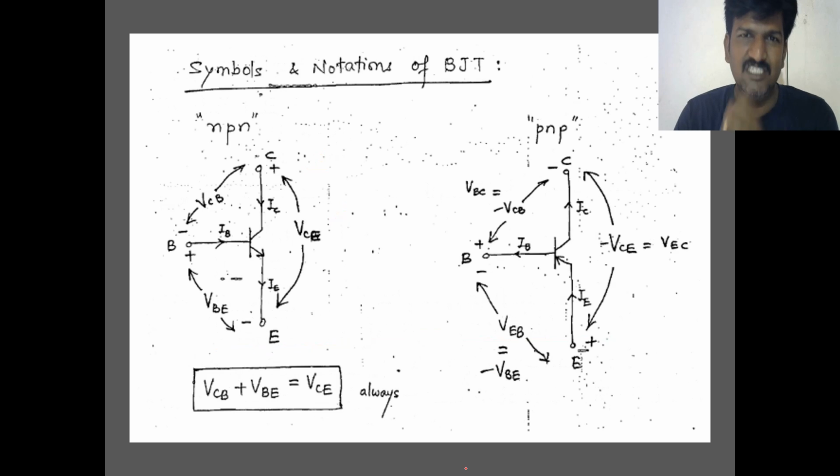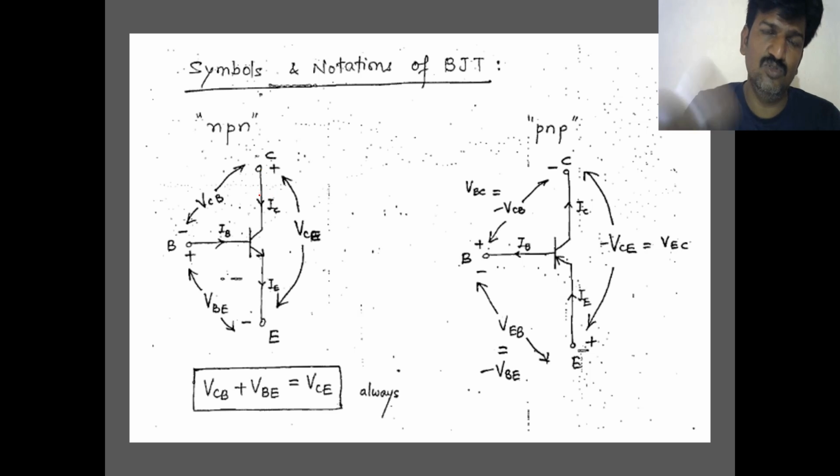Symbol or notation of the BJT. Generally, this is an NPN transistor. Just look at this. The collector current is entering into the collector, this is the base current, and this is the emitter current. IC is the collector current, IB is the base current, IE is the emitter current.